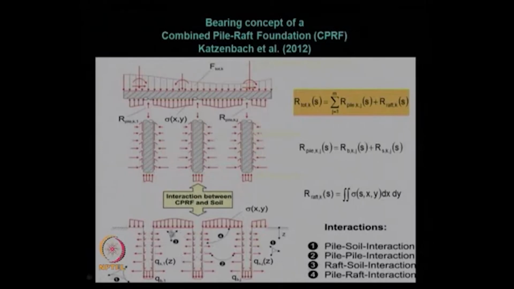Zone 3 represents raft-to-soil interaction, and zone 4 represents pile-to-raft interaction. So, this is nothing but a soil-structure interaction problem, or I should say a soil-pile-soil or soil-structure-pile interaction problem in a complicated manner, involving both raft as well as piles. In this case a simple Winkler beam approach will not work properly.